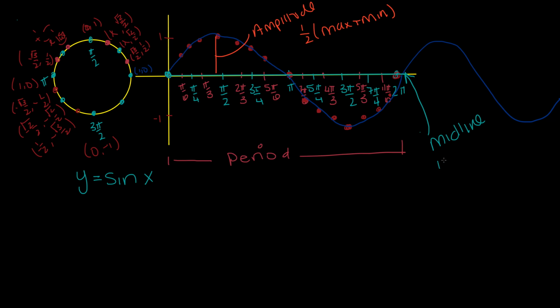Midline is the middle of the wave. And again, you could find that by doing 1/2 max plus 1/2 min, and I'll give you that line. Okay, you can find it just by basically finding the middle.